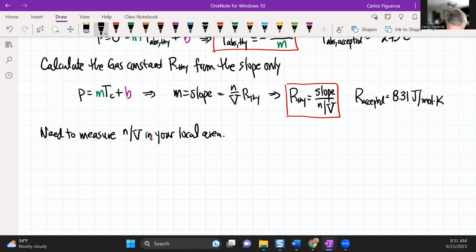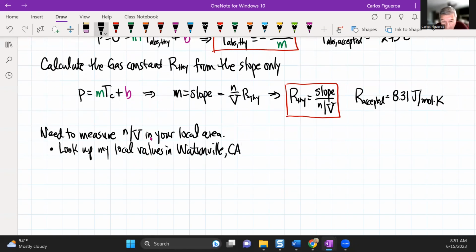So what that implies here is that I looked up my local values in Watsonville, California. And what I found is that the temperature was either in degrees Celsius or Fahrenheit.